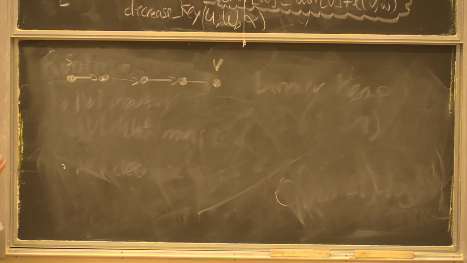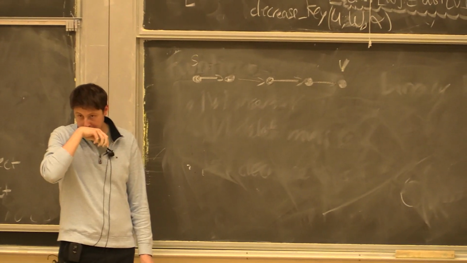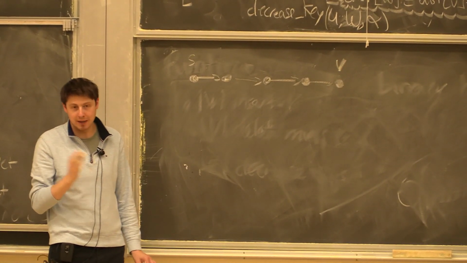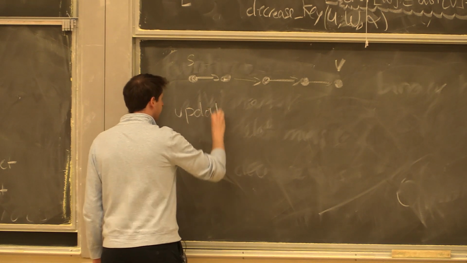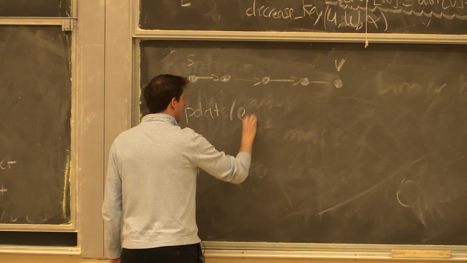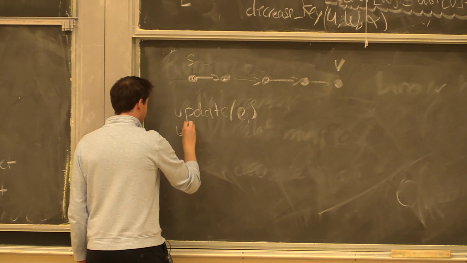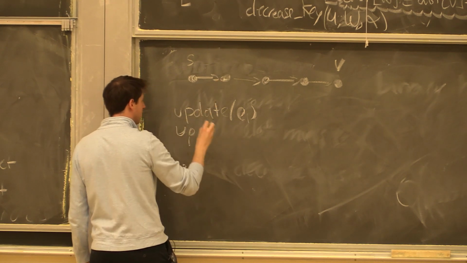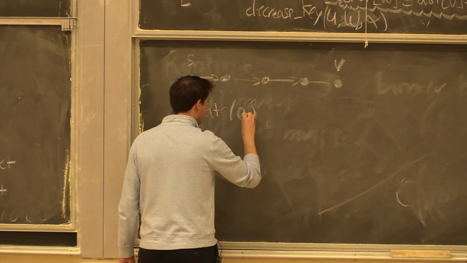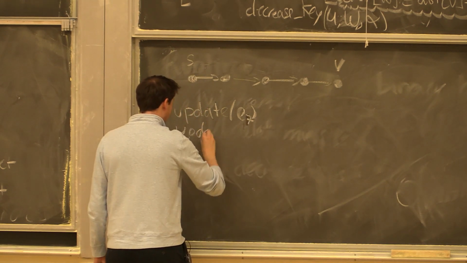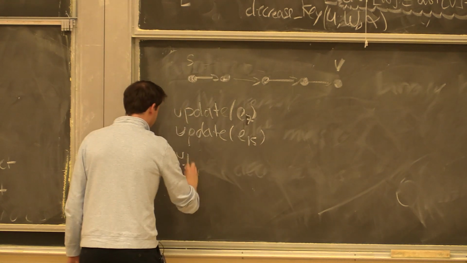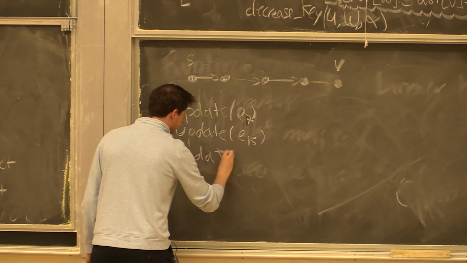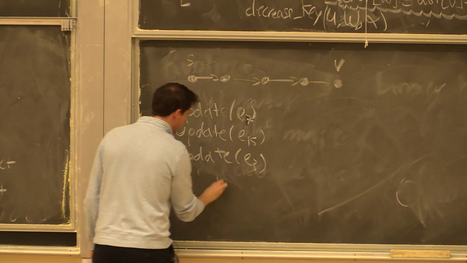Now suppose that I am doing updates on edges. Okay, and for now I'm blindly doing that. So I do update edge 1, update edge 7, update edge 15, update edge 3, and I'm just doing updates, okay?